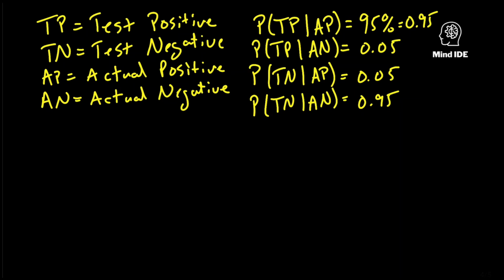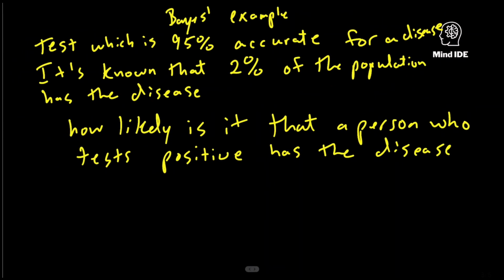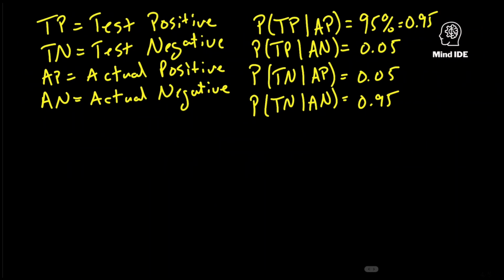Test negative when you're actually positive, 5% chance. Test negative when you're actually negative, 95% chance. So that's directly because it's a 95% accurate chance that the test is correct. It has a 95% accuracy rating.